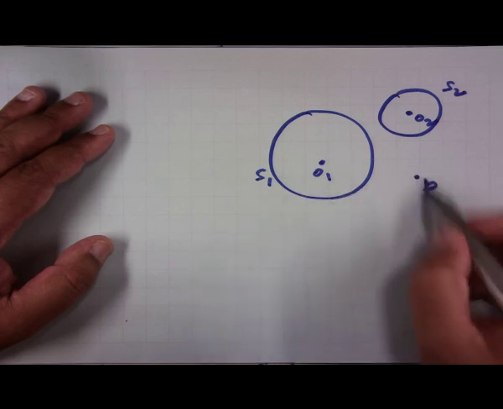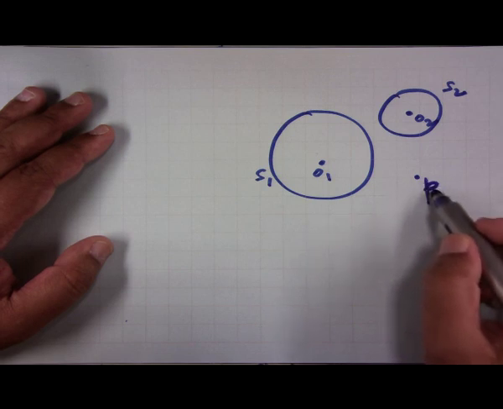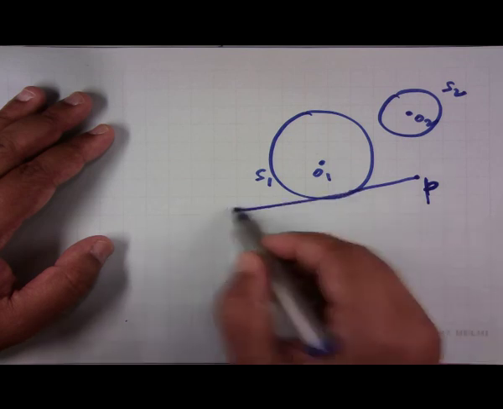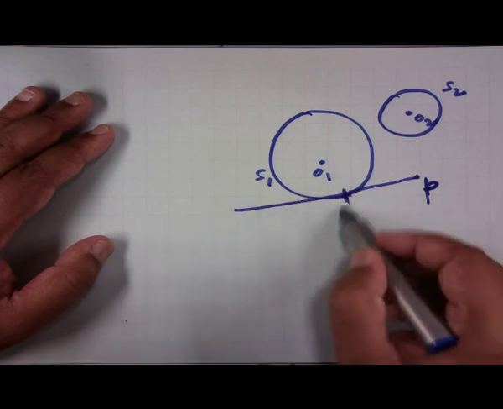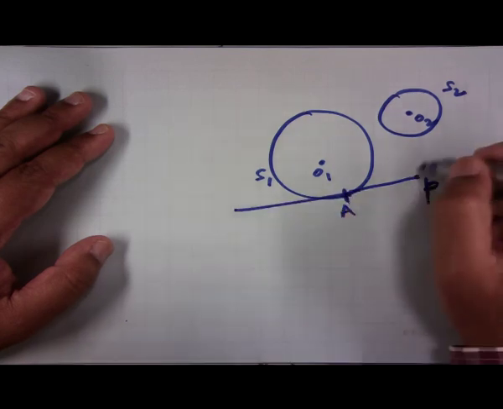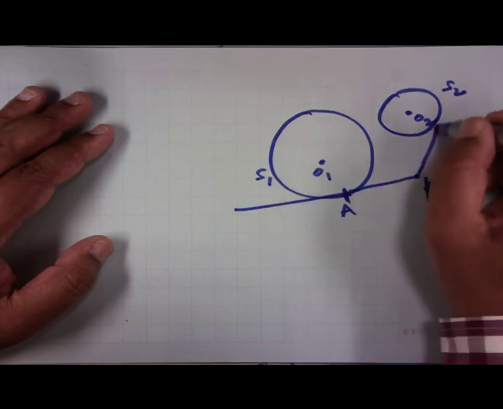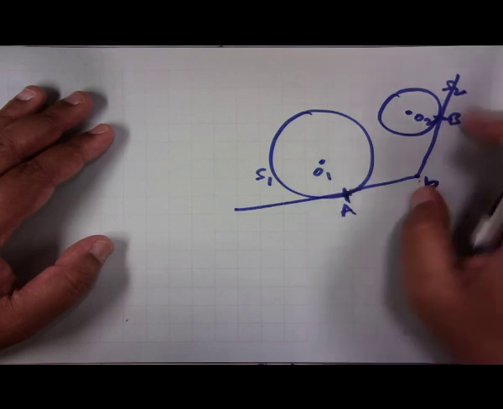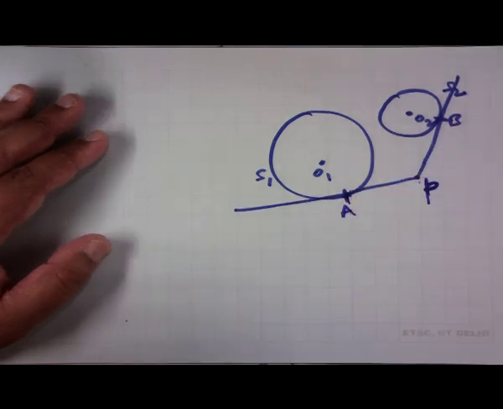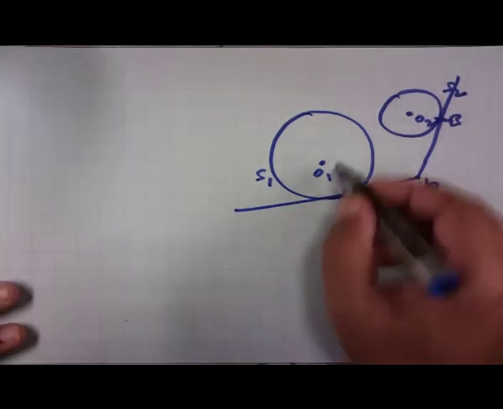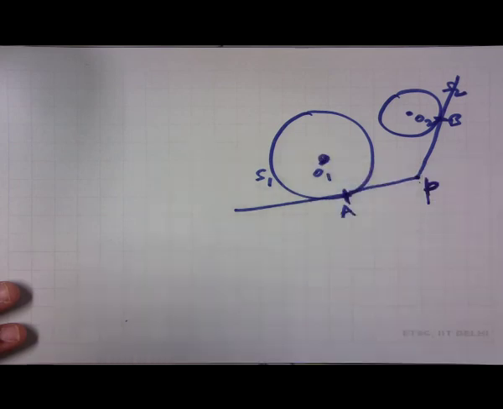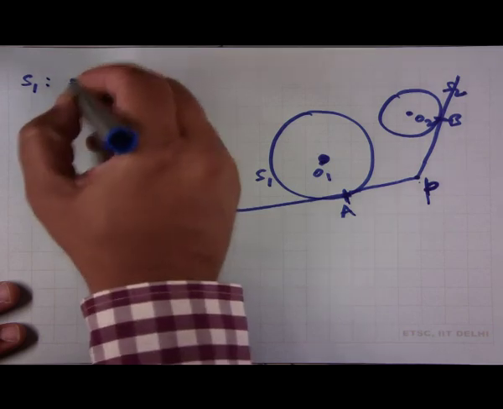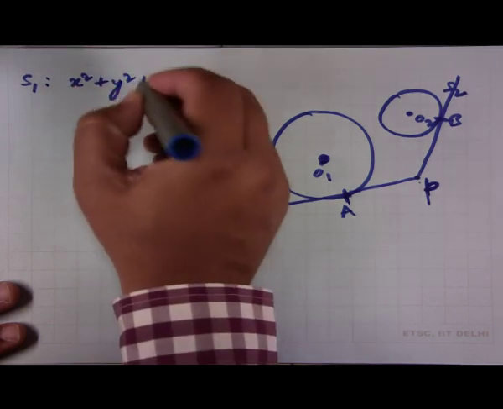So, for example, if a point P has to lie on the radical axis, then the length of the tangent from P to the first circle, let us say PA, must be exactly equal to the length of the tangent from P to the second circle, PB. So, PB and PA must be equal. So, for this to happen, let us say that we are given the equation of the two circles to be as follows.